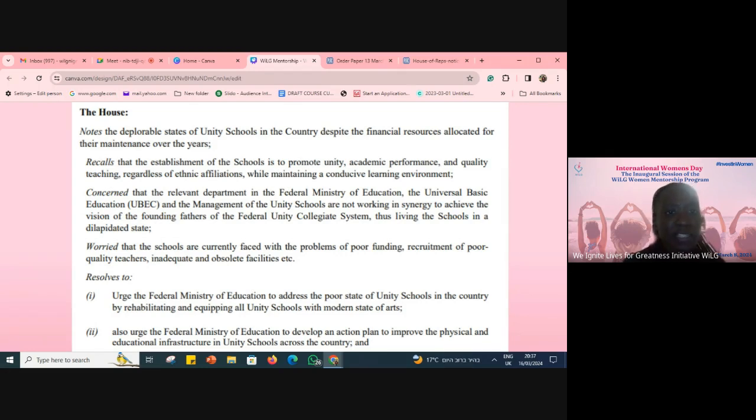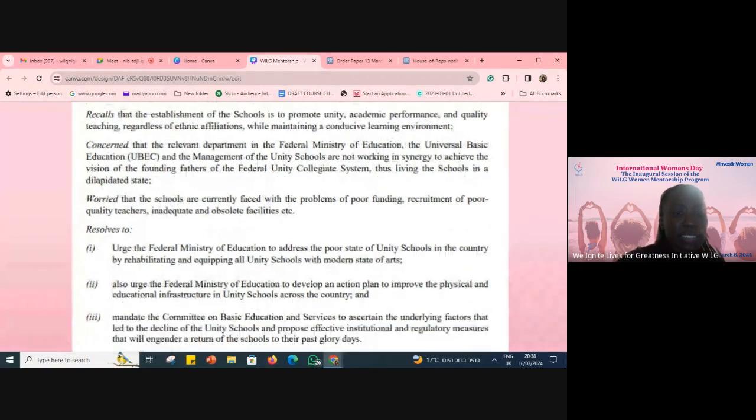Concerned that the relevant departments of the Federal Ministry of Education, the Universal Basic Education, and the management of the Unity schools are not working in synergy to achieve the vision of the founding fathers of the Federal Unity Colleges system, thus leaving the schools in a dilapidated state.